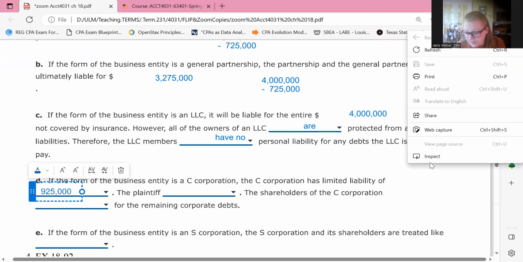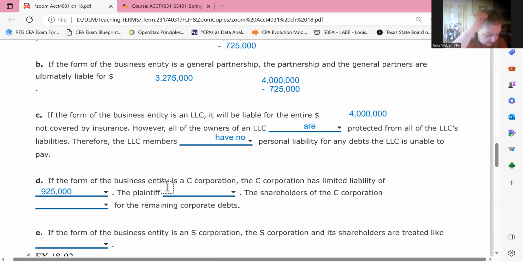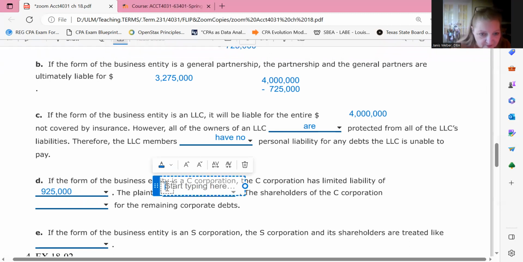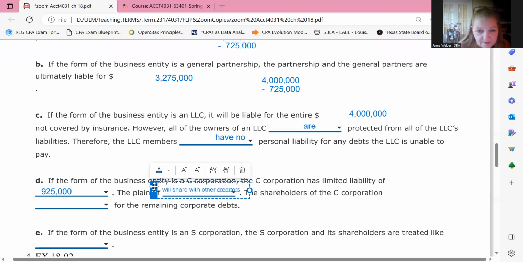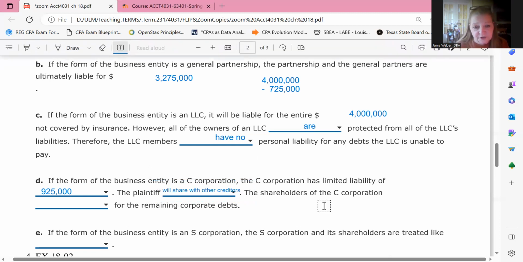The plaintiff, and this is a phrase they want me to say here, will share with other creditors. I know that, but I just want to see what words they said. The plaintiff will share with other creditors.